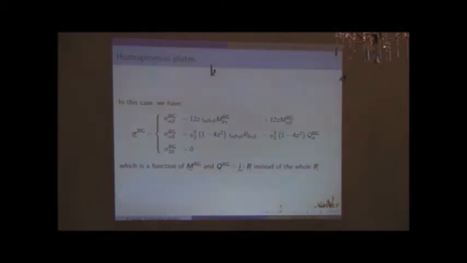Sorry. I can write the transverse shear strain localization tensor as F(z) times the identity tensor I αβγδ.